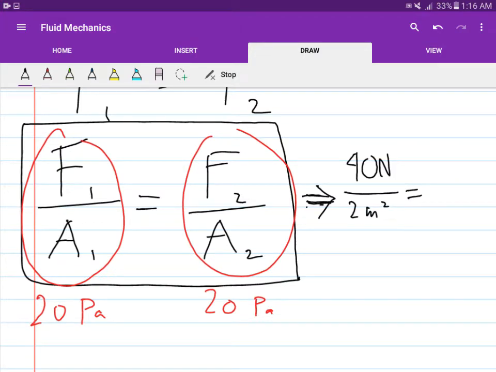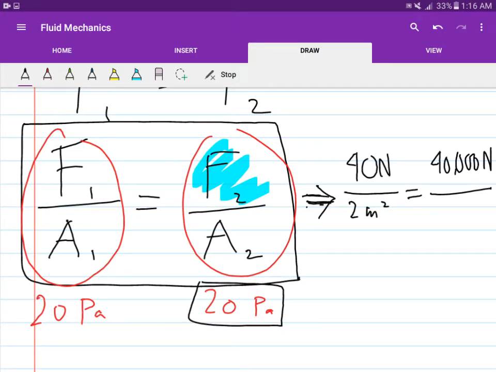So we know that the force of the car is very big. So for example, I don't know how big yet, but for the sake of insight, we say that it is 40,000 newtons. So we should also have a pressure of 20 pascals. So the area here must be very big also.